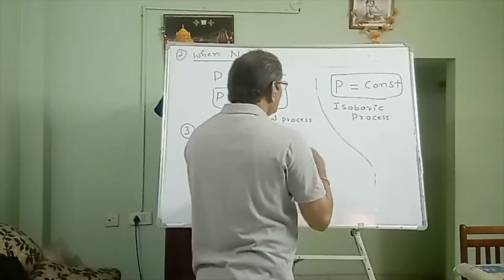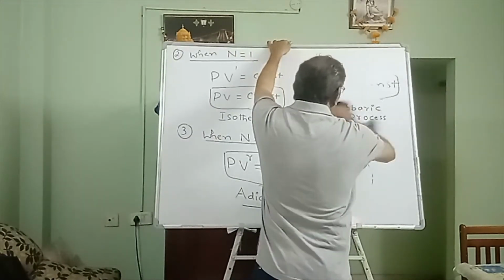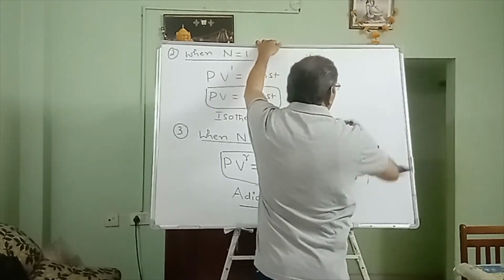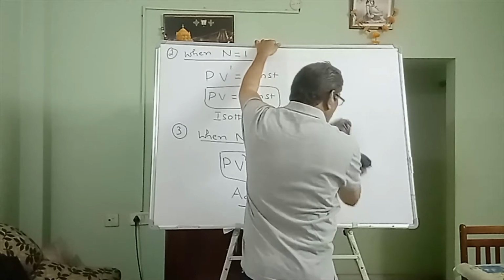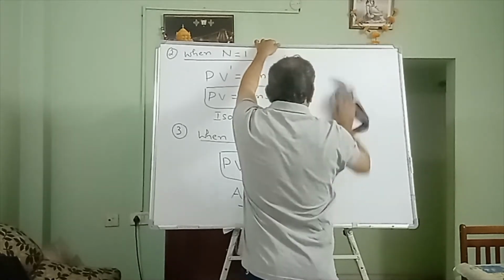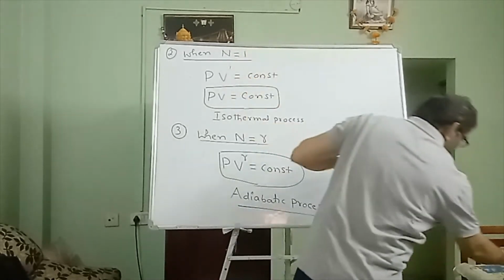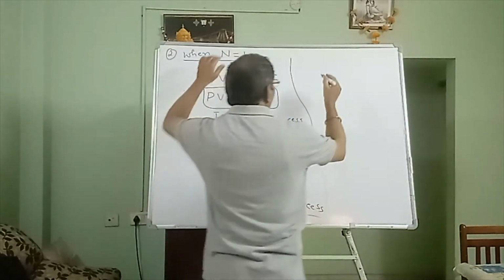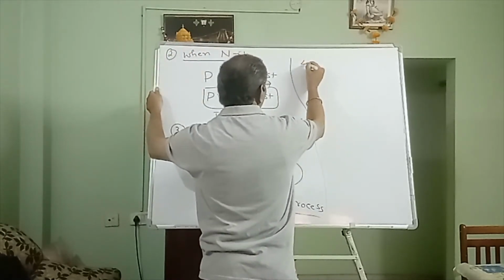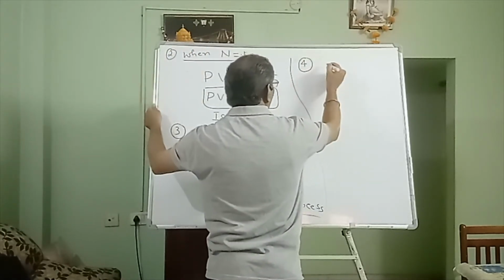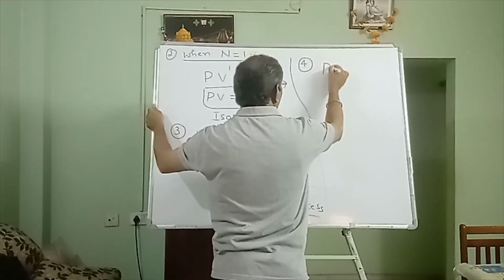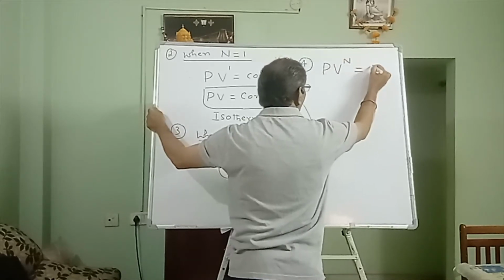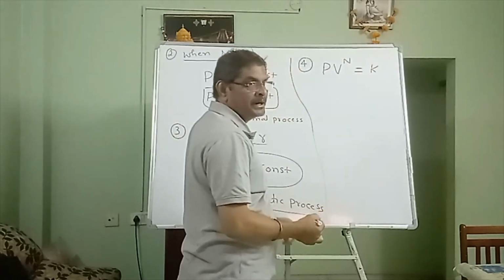Now similarly, for the next case, the fourth one, you already know the polytropic equation is given by PV to the power capital N equal to a constant.